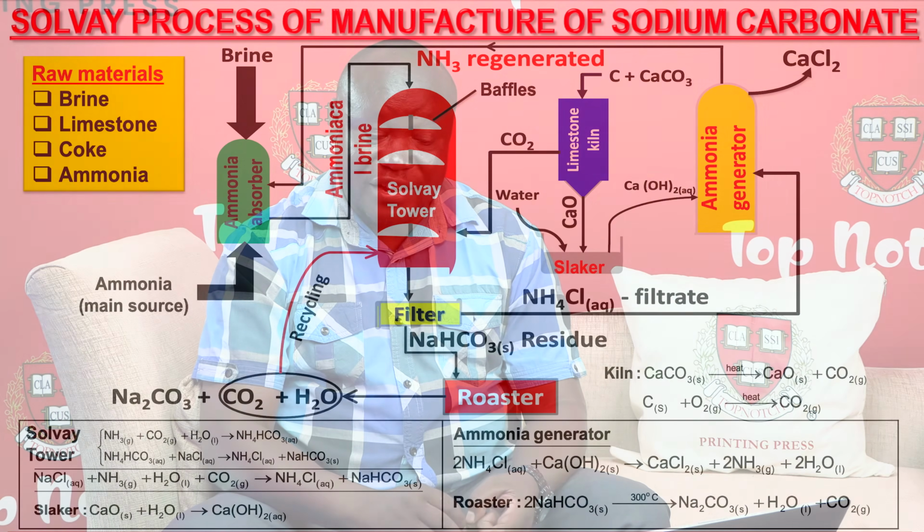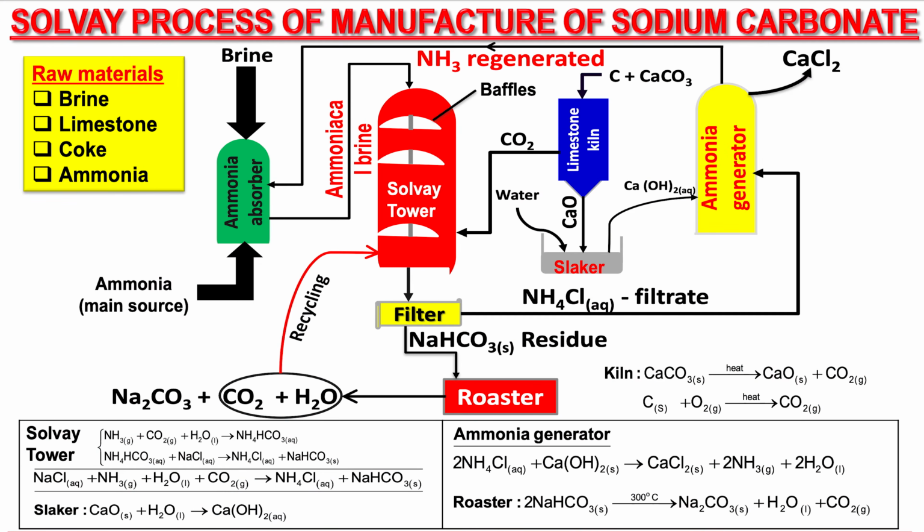So the reaction between ammonium chloride and calcium hydroxide produces calcium chloride, ammonia, and water. Ammonia is recycled again. Water is also recycled. And the only waste byproduct which we get from the Solvay plant that is not used within this plant is calcium chloride.